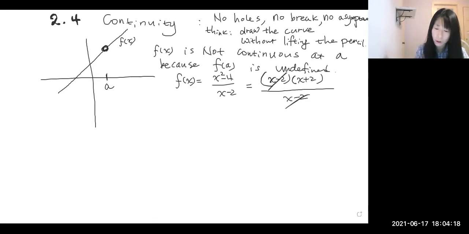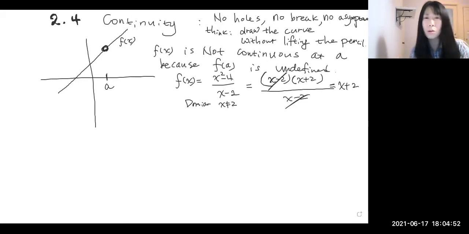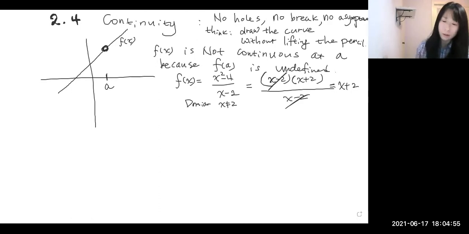So this is x plus 2, right? Then the domain in this case cannot be equal to 2, because the denominator, when x equals 2, is undefined, right?